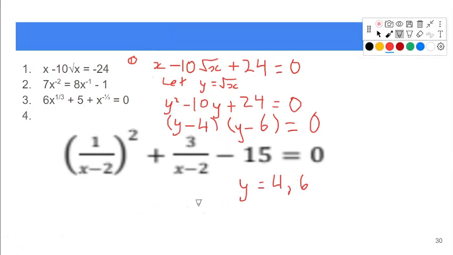So for x, what we would do is that we have, remember, root x is equal to y, so we can say root x is equal to 4, root x is equal to 6, and as we square both sides, we get x is equal to 16, and we get x is equal to 36, and those are our two solutions.